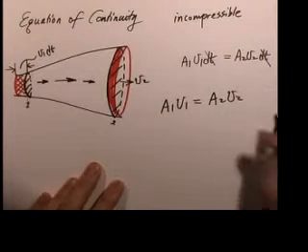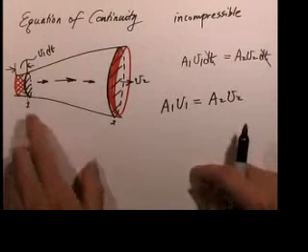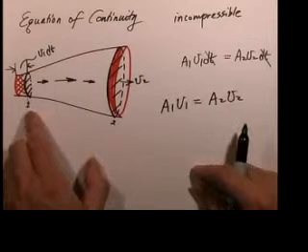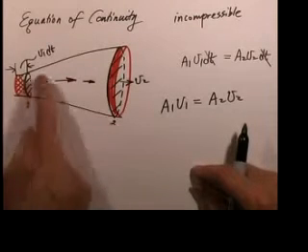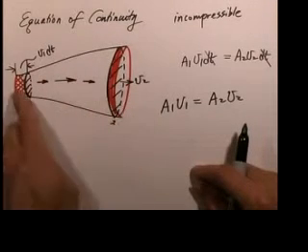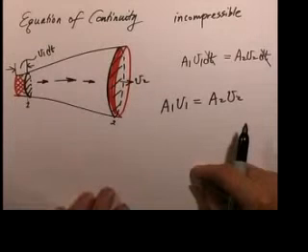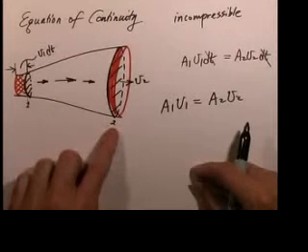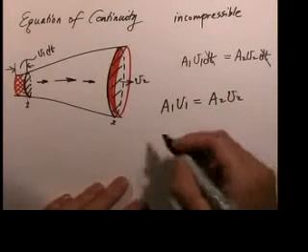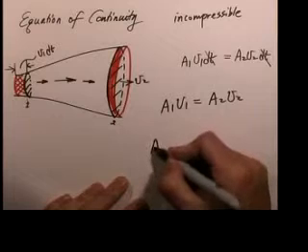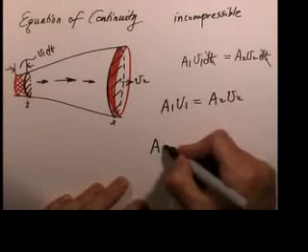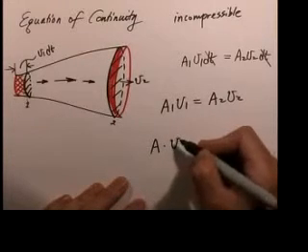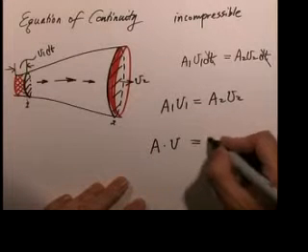In other words, you pick two arbitrary points, point 1 and point 2, along the same tube of flow. Then for any incompressible laminar flow, it turns out that A1 V1 equals A2 V2. Or, in general, the product of the cross-sectional area of the tube of flow times the speed at that location is equal to a constant.